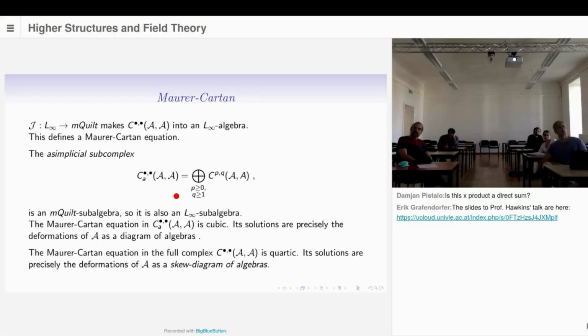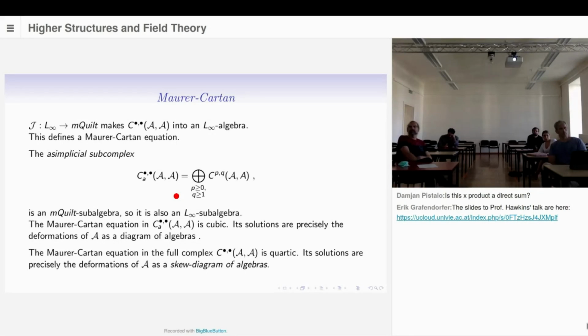But something else you can do is to consider the Maurer-Cartan equation for the full complex, where you also have a degree 2, 0 piece. That Maurer-Cartan equation goes a little bit further, but stops at the degree 4 term. So it is a quartic Maurer-Cartan equation.